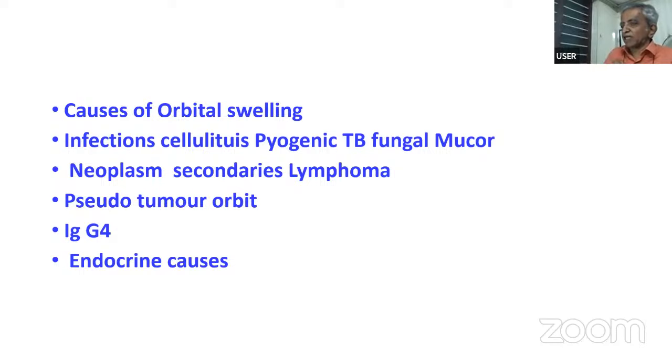If the tendon is thickened, the muscles are thickened, and there is proptosis, your diagnosis will be pseudotumor orbit, which is related to IgG4. Am I confusing you?